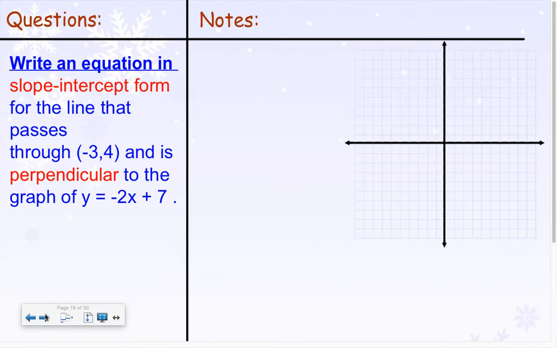Second one: write an equation that goes through (-3, 4) and is perpendicular to y equals -2x plus 7. So let's start again by graphing our original line. Rise -2, run 1, rise -2, run 1.